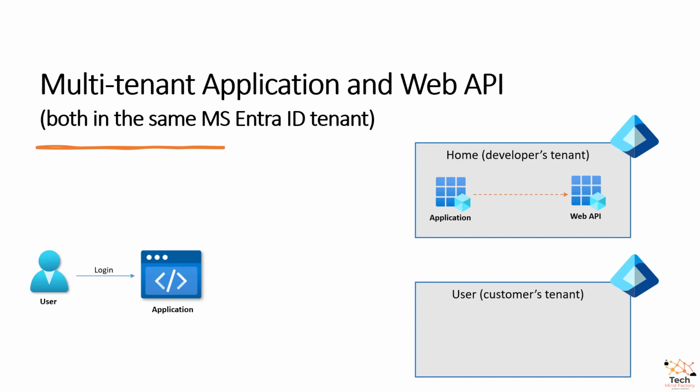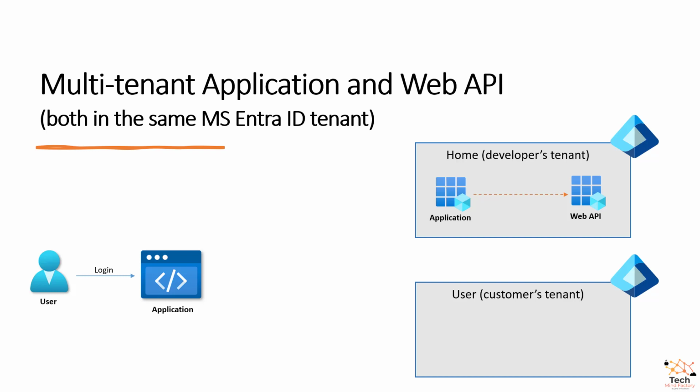So it's really simple. The only thing you have to worry about is the code configuration and basically granting specific permissions to access your APIs within the tenant. That's it.